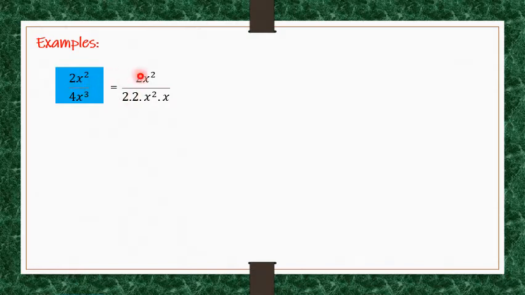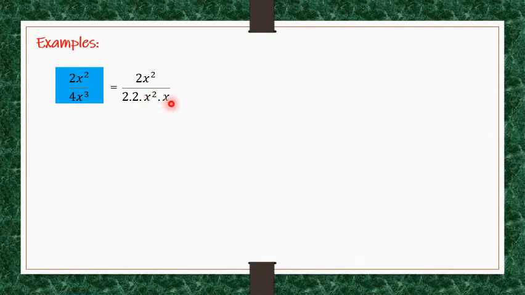So 2x squared, this is our greatest common factor. For the denominator, we're going to factor out also the 2 times 2. As you can see, this is the GCF. Now, this 2 times 2 is from 4. The x cubed is x squared times x.